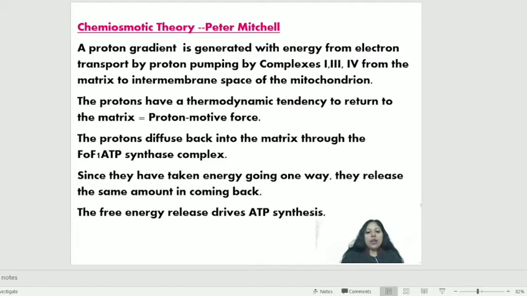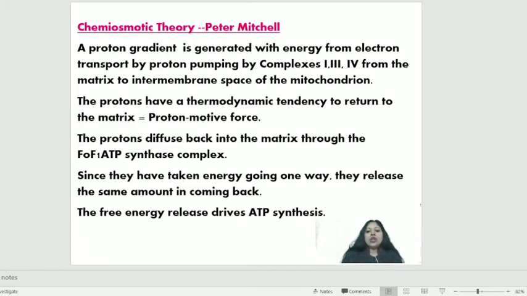Now he was working on this chain with a group of scientists, as a research associate after his PhD. There is an interesting story: they were working on this chain, and there was no theory about how exactly ATP is synthesized.